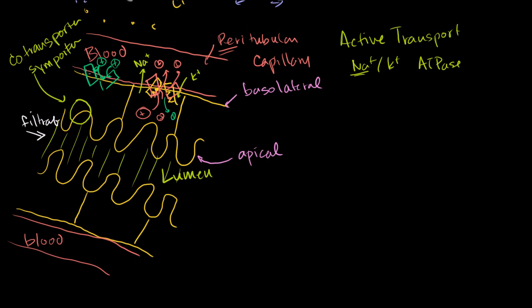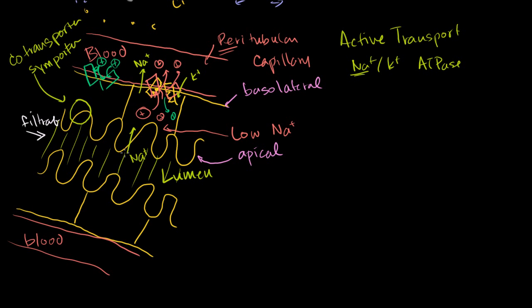So you can imagine we're actively pumping out sodium. If we're actively pumping out sodium over here on the basolateral side, then we're going to have a low sodium concentration there. The more we pump out, the lower this is. And eventually it's going to be lower than the sodium concentration in the lumen. So if there was no membrane here, sodium would want to go across this to make up for all of the lost sodium over here.